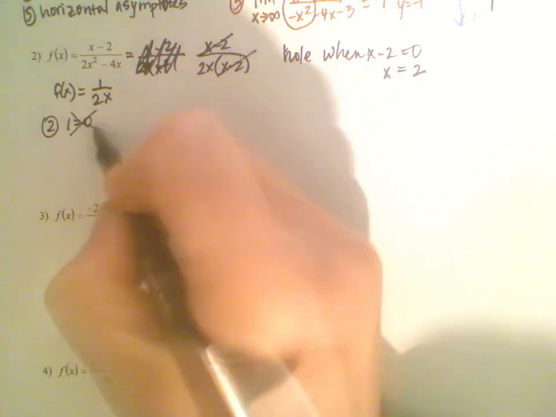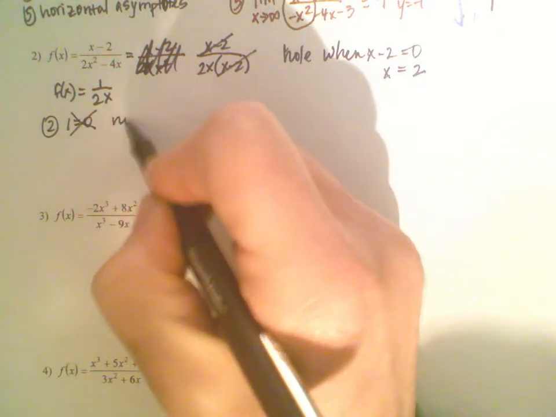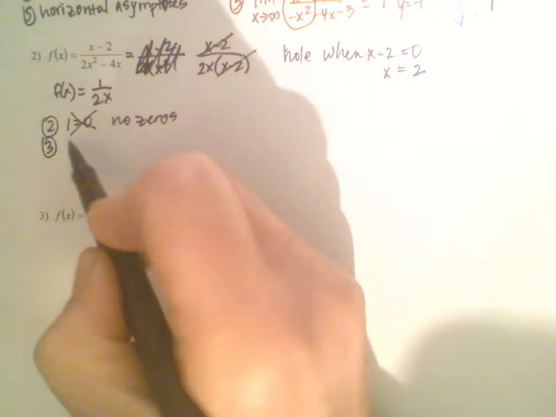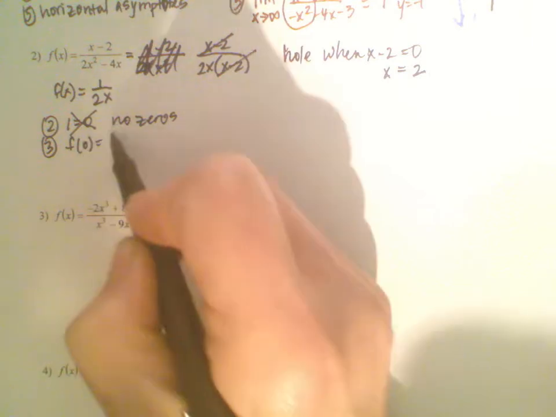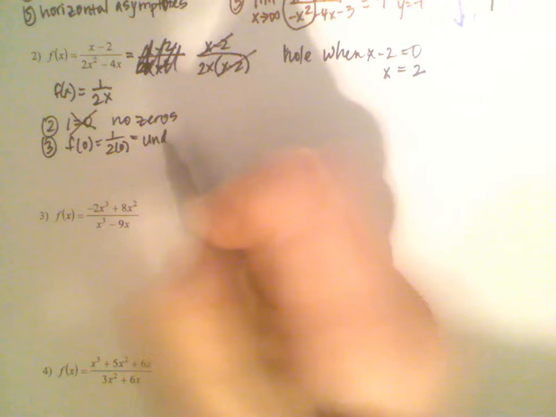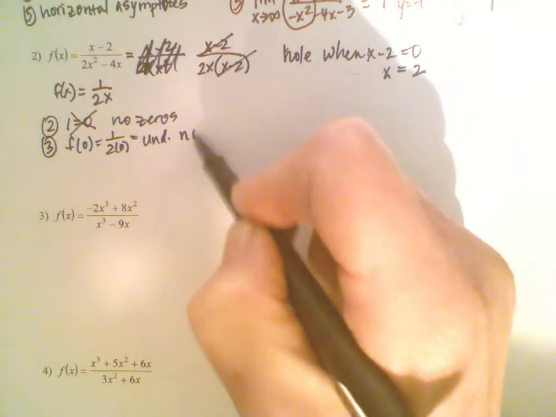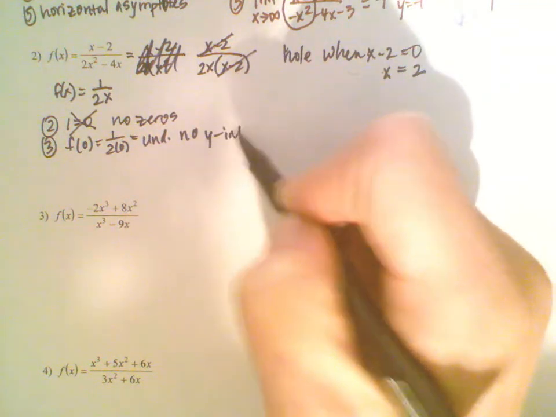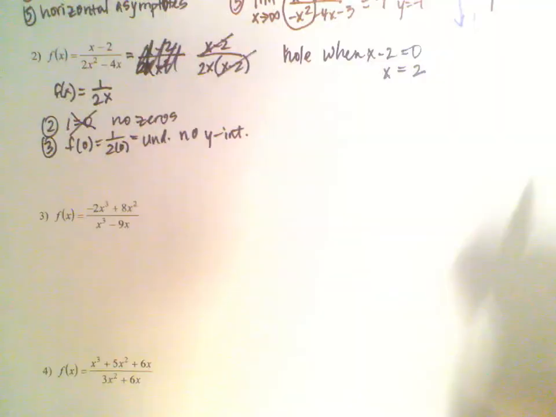Well, that's never going to happen, so there are no zeros. Then I will do f of 0, which puts me 1 over 2 times 0, which is undefined. So now I have no y-intercept. Okay, I'm losing everything here.